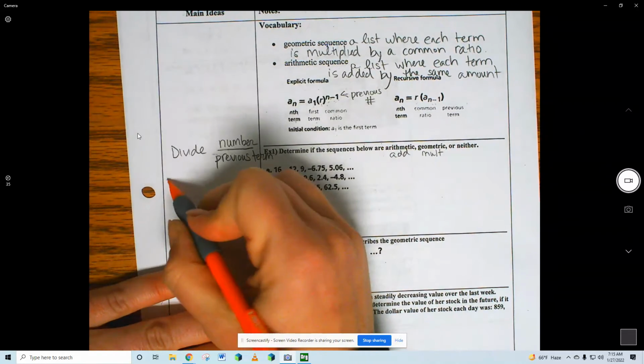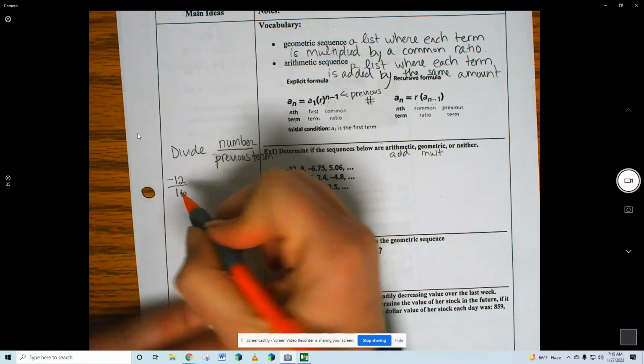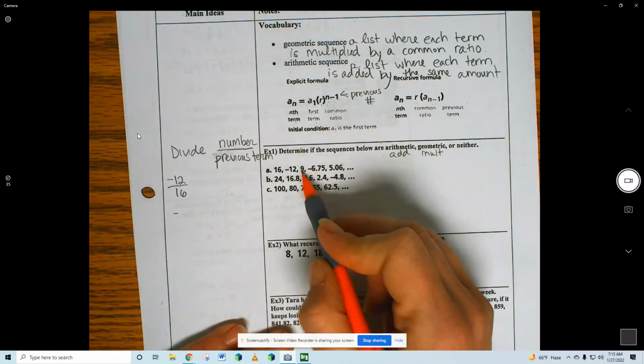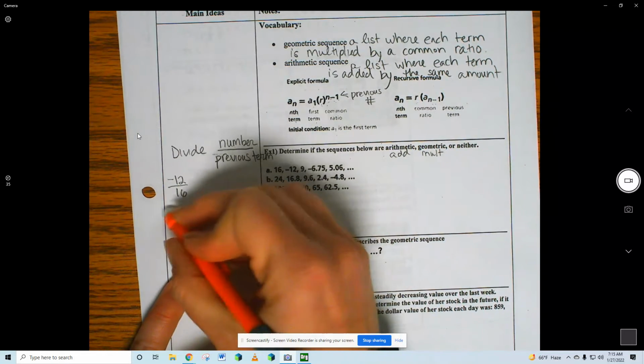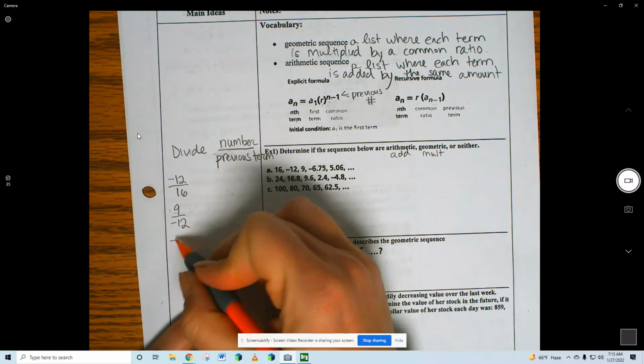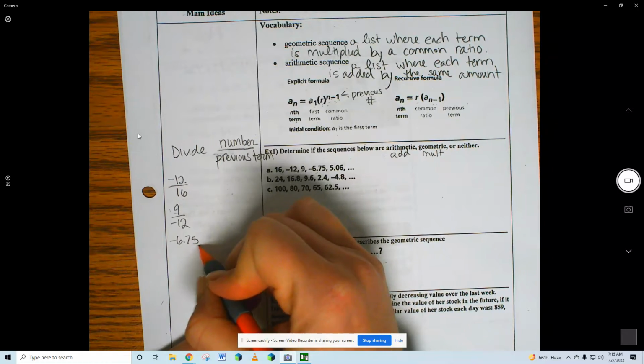So it's like negative 12 over 16, then positive 9 over negative 12, then negative 6.75 divided by 9.